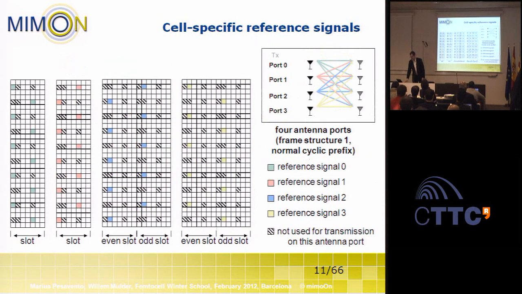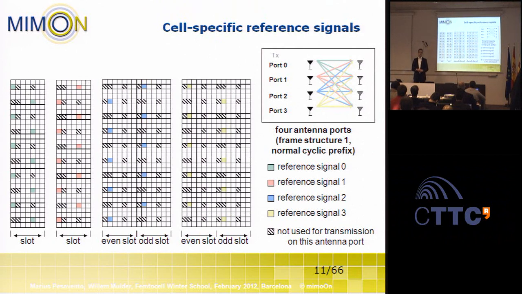Yes, it's basically fixed. It depends on the cell. Different cells have the pilots at different positions, but it's fixed generally. Which channel estimator?